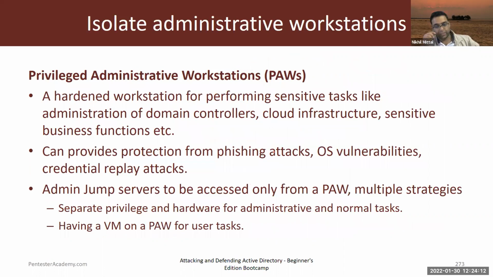Now, other protections are isolating administrative workstations. That is, you can use privileged administrative workstations, a hardened workstation that you use to access the jump VM. Do not access the jump VM directly.